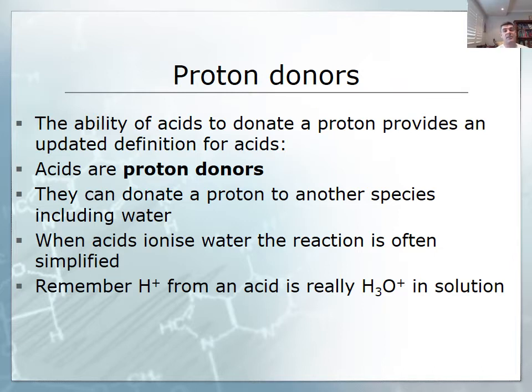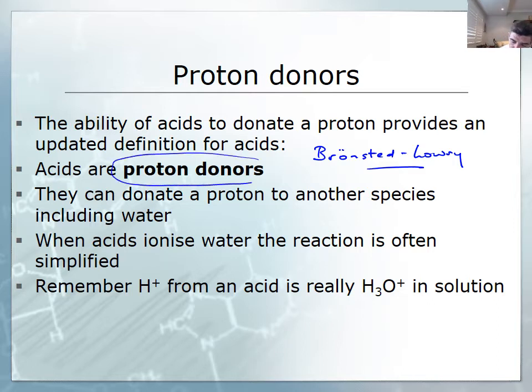So the ability of acids to donate protons provides a better definition, and we're going to link this to something called the Bronsted-Lowry definition. But I'll explain that a little bit more in a subsequent video. What it means is that we're going to try and get our heads around the fact that acids are actually proton donors. They are substances which will donate protons to other substances, and this includes water.